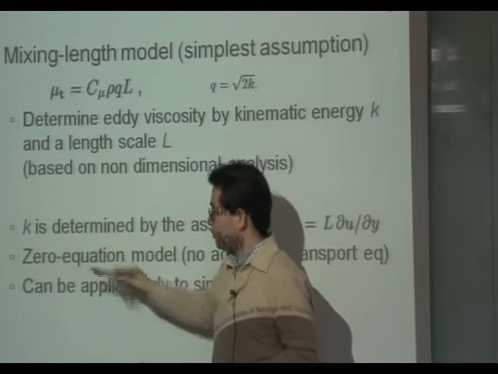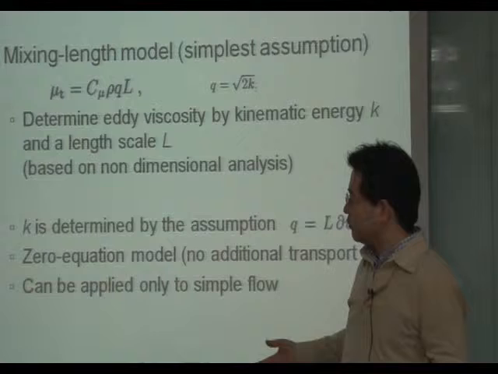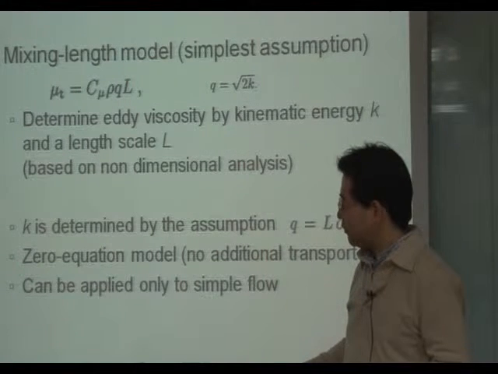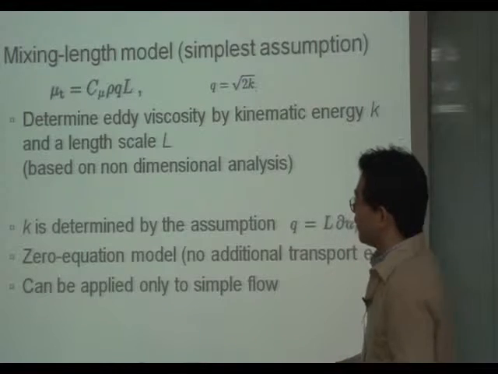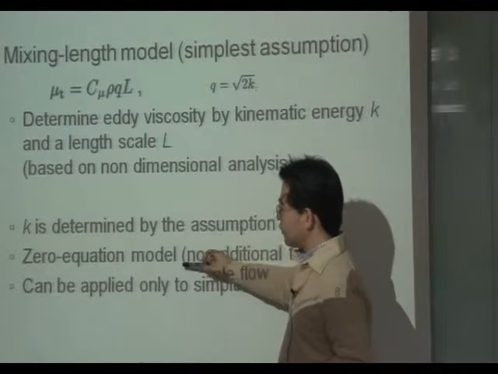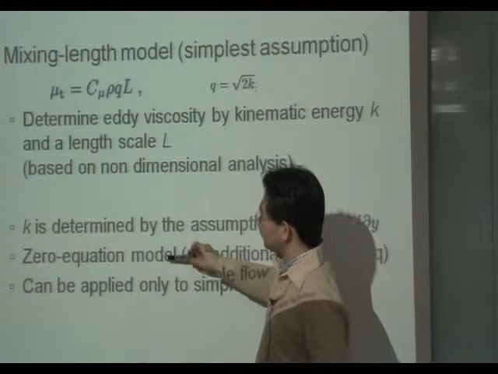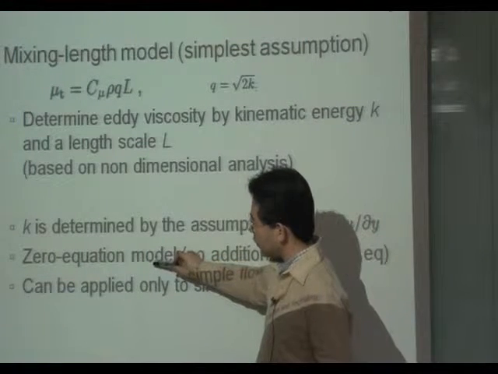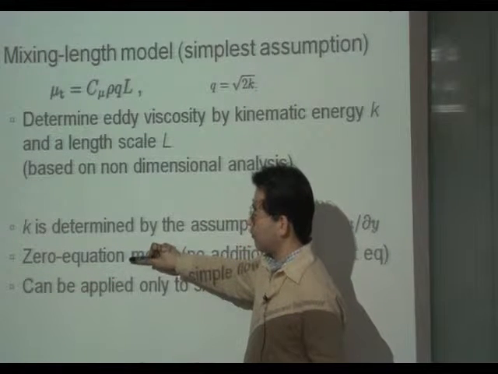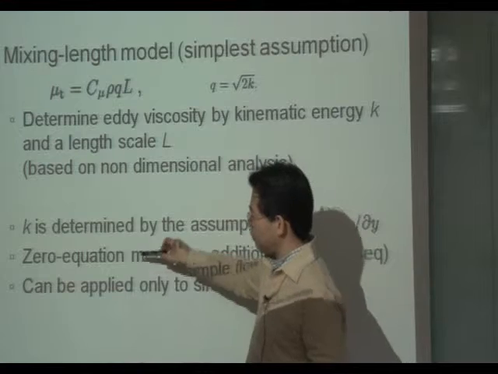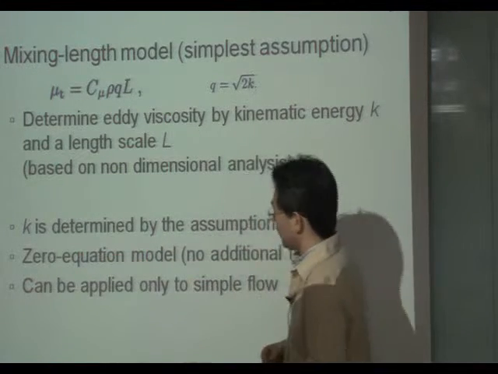Why we call it zero equation is because in later discussion there will be one equation model and two equation model and other models. Since this one is one of the simplest solutions, it does not require any additional transport equation. So we categorize this one as zero equation model.